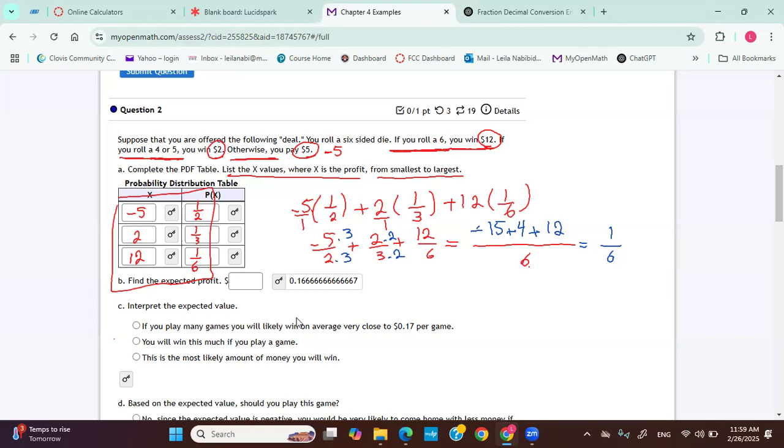The game is fair if the expected value is 0. If it's negative, the chance of losing is more, and if it's positive, the chance of winning is more. Now it says interpret the expected value, and you say, okay, this positive value tells me that if you play many games, you will likely win on average very close to 0.17 per game.